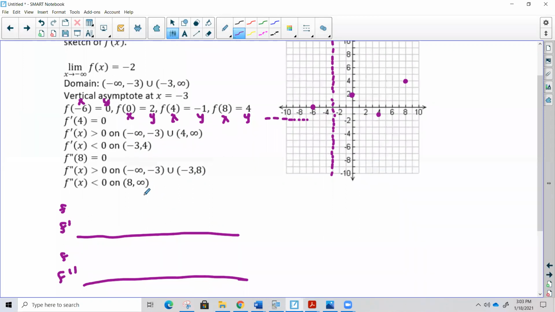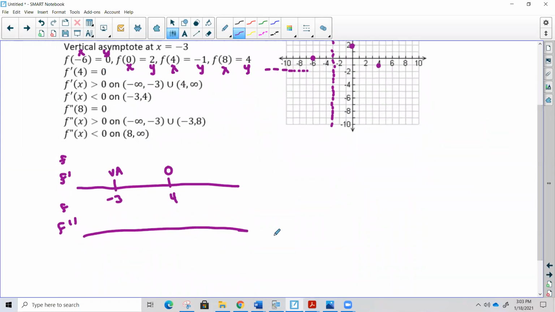Okay, so I have to put my vertical asymptote and I have to put my critical points for f prime, which is where it's 0. So I need -3 and 4. And I'm just going to write VA to indicate vertical asymptote and a 0 here because it's 0.